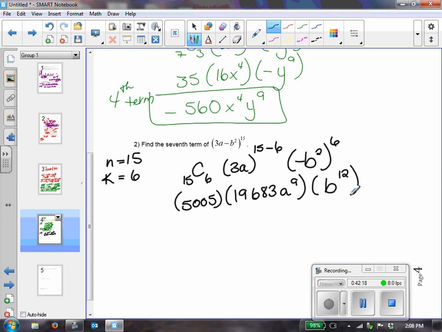If I multiply those all through, I'm going to get 98,513,415, a to the exponent 9, b to the exponent 12. And you all got that, right? What's 15 minus 6? 9. What's 3 to the exponent 9?